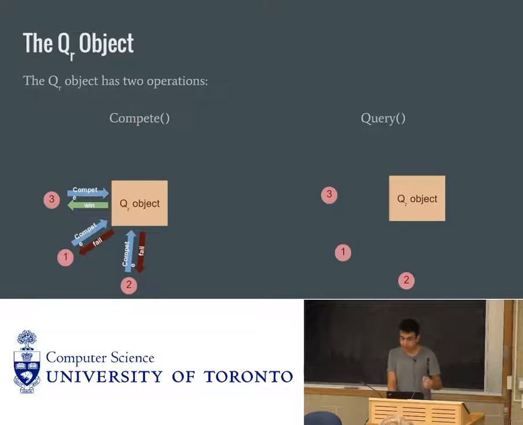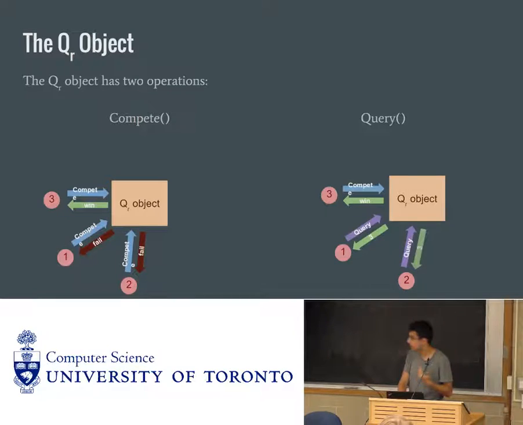Then at some point, some compete operation will get a win, and the R query operations that happen afterwards will return the identity of the winner. And finally, after you've exhausted those R query operations, any query operation after that will return a fail again.